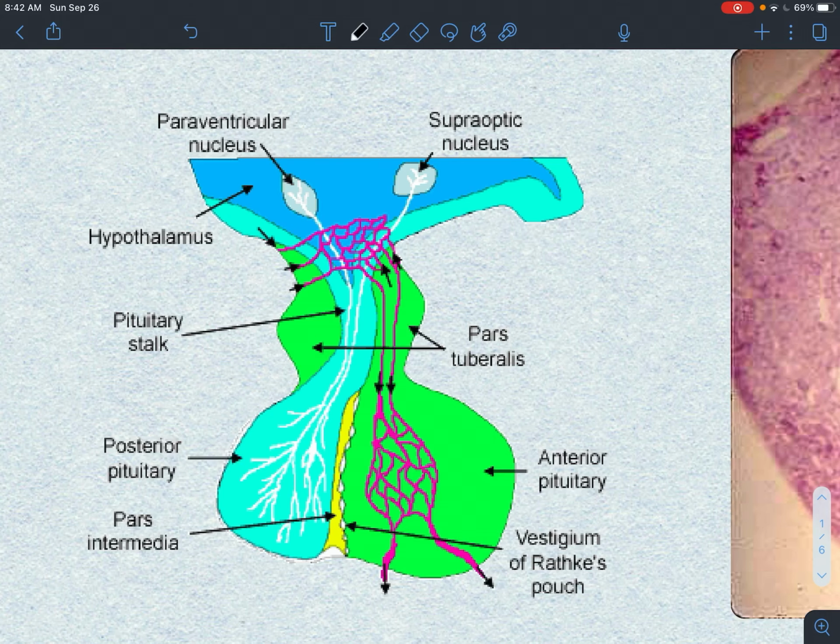Now, regarding the anterior pituitary, the physiology of it is different in that you have hormones being made by the hypothalamus, and those hormones are called releasing hormones.